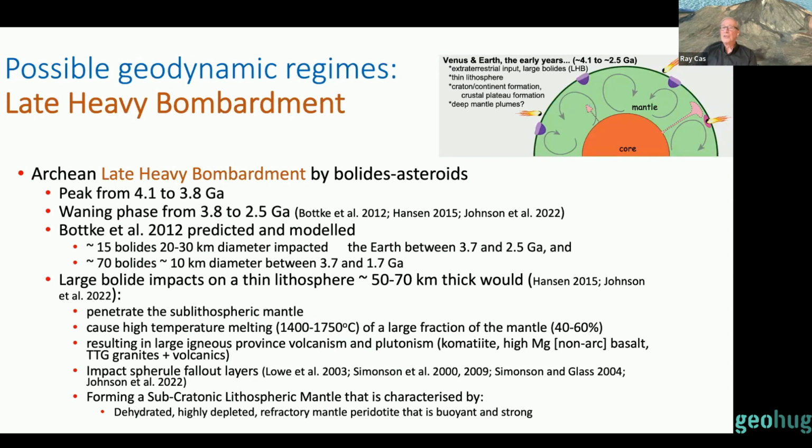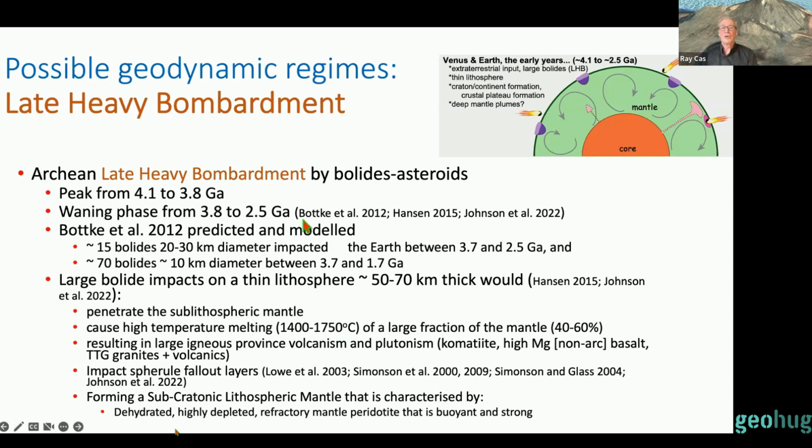Now, in addition to that, here is a little bit of geofantasy. We know from the history of the solar system and from the history of the planets that from the origin of the Earth to about 3.9 billion years, all the planets, and particularly the inner planets of the solar system, were subjected to heavy bombardment by asteroids and bolides.